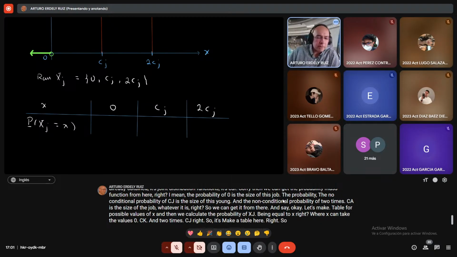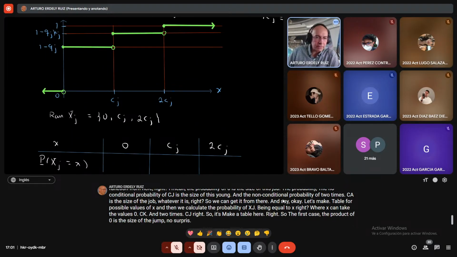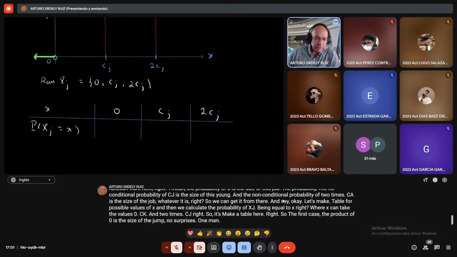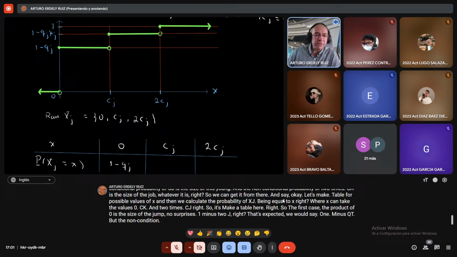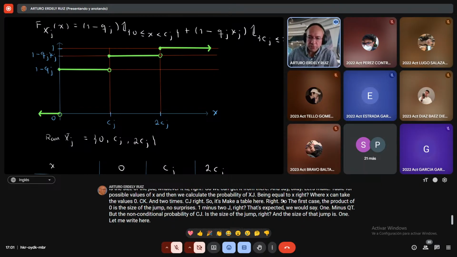So in the first case, the probability of 0 is the size of the jump, no surprises, 1 minus qj, as expected, we would say. But the non-conditional probability of cj is the size of this jump, right? Let me write it here.